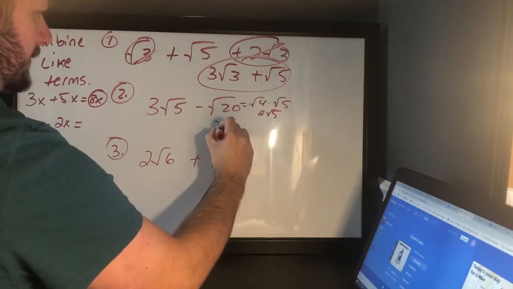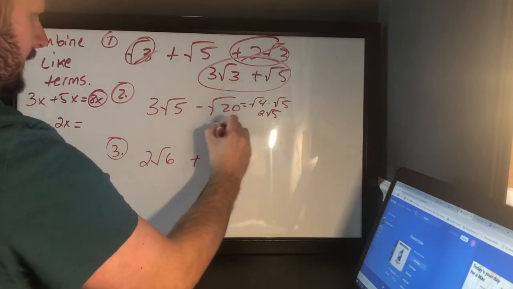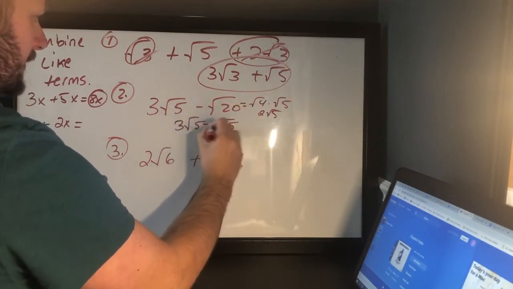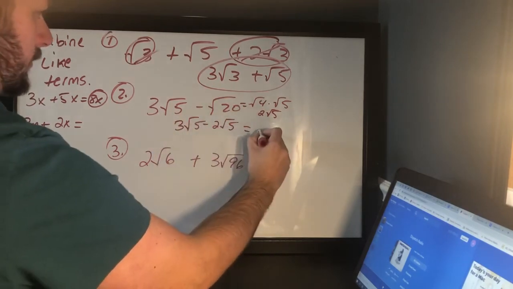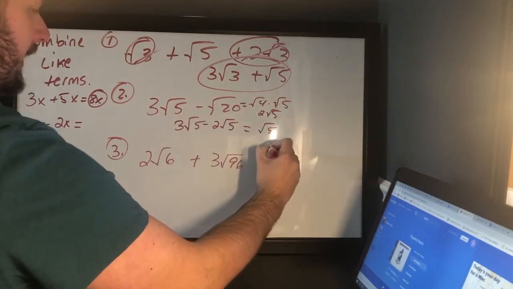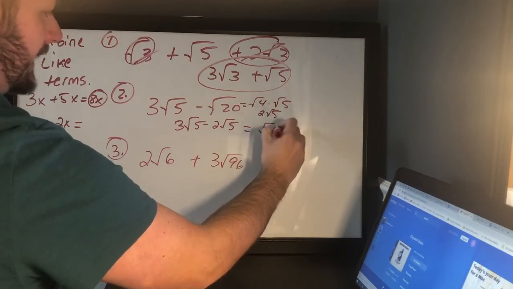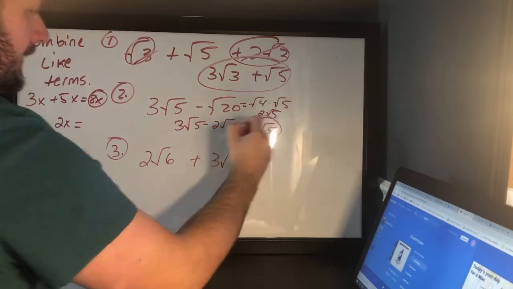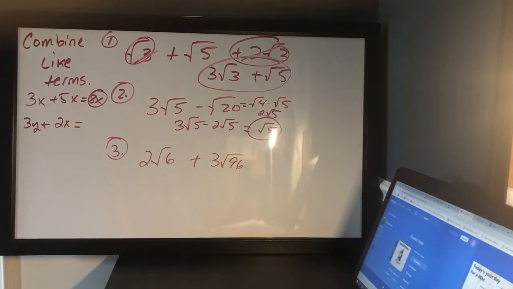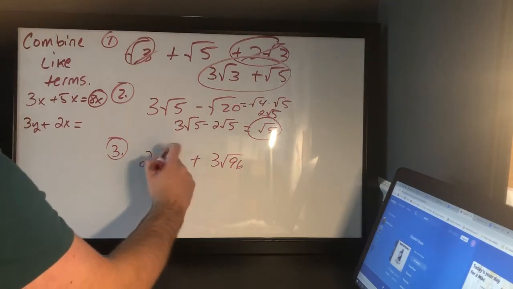So we can take this and make this 2 radical 5 and bring down our 3 radical 5. If you have 3 radical 5s and you take away 2, you end up with radical 5. And in this case, you don't have to put the 1 in front. If it were negative, you could do negative 1, but if you get something like this, just leave it as radical 5.